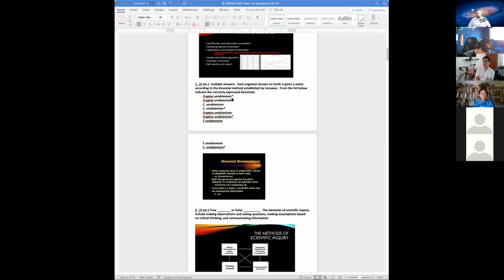Well, the first one is correct, because it's written out, both names, and both names are italicized. The second one is not correct because it's neither italicized or underlined. The third one is not italicized. The fourth one is correct. It's abbreviated, but it's done so properly.